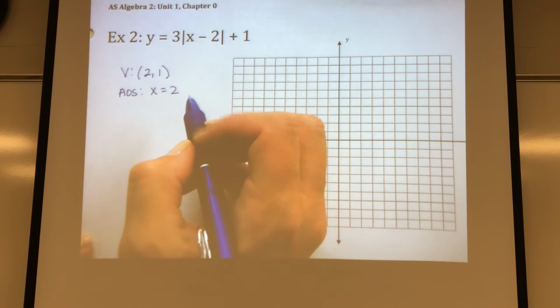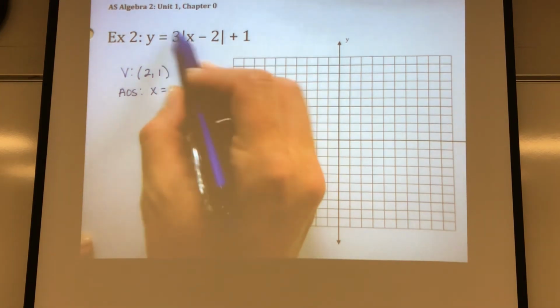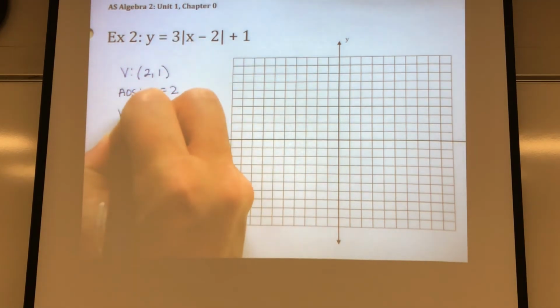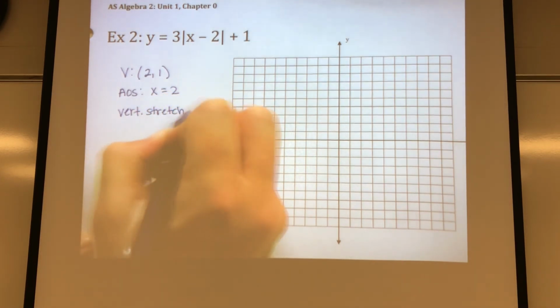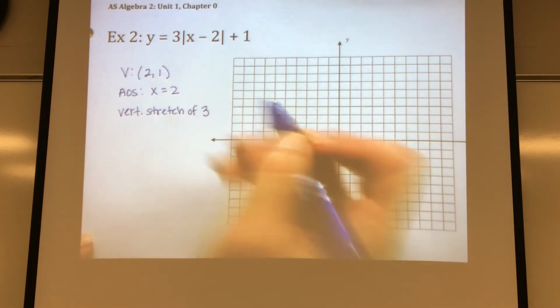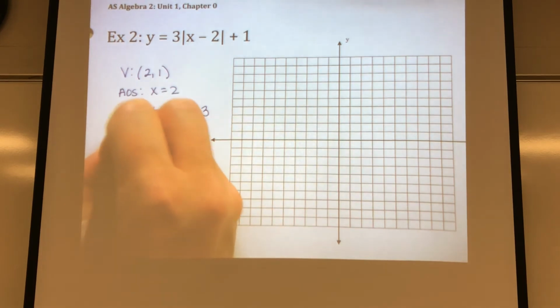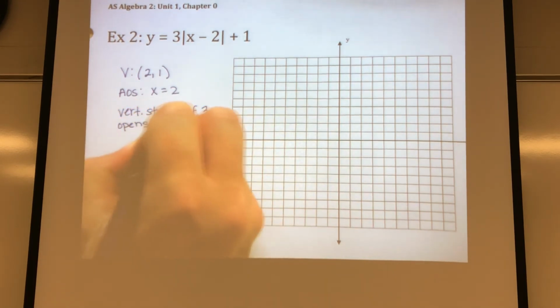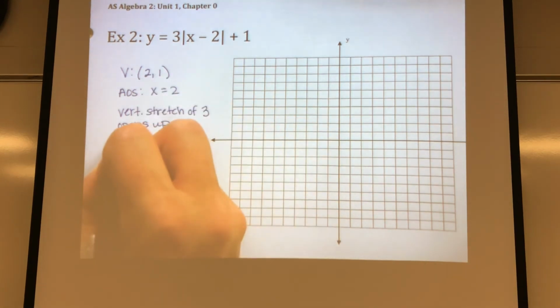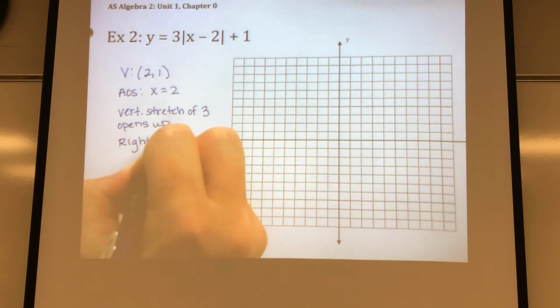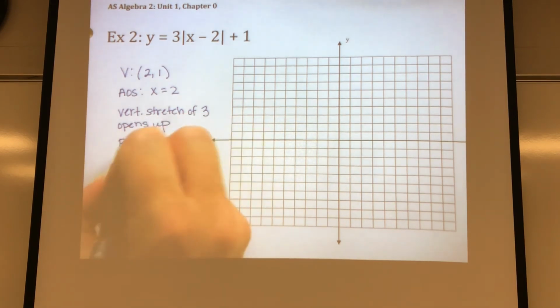Then we need some transformations. This 3 out here tells me, because it's greater than 1, that I'm going to have a vertical stretch of 3. It's positive, so I know that I'm going to open up. Because of my vertex, I know that this is going to move right 2 and up 1.